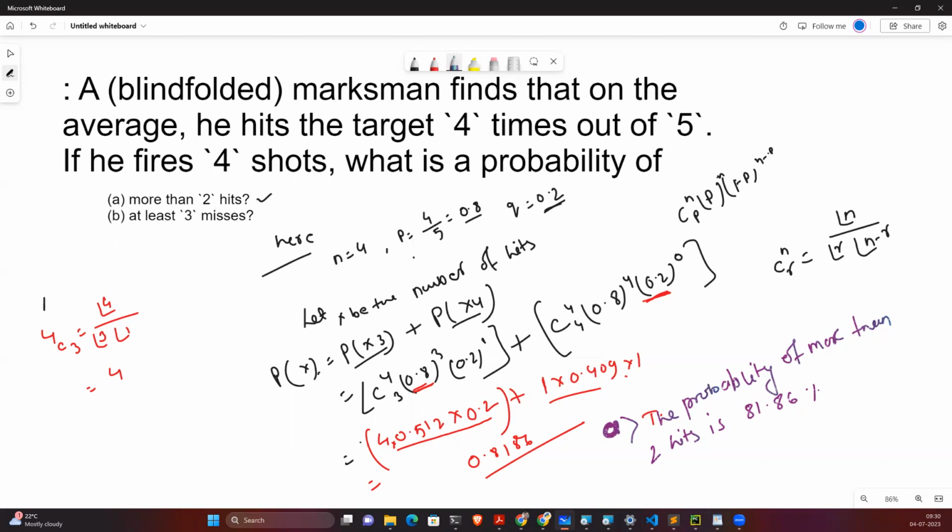Okay. So try to rephrase this question. Just rotate the question.